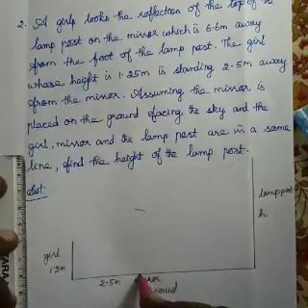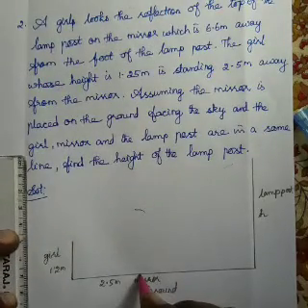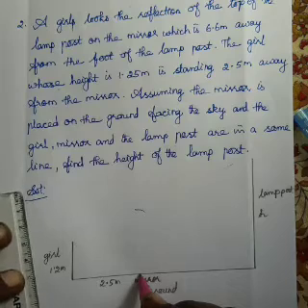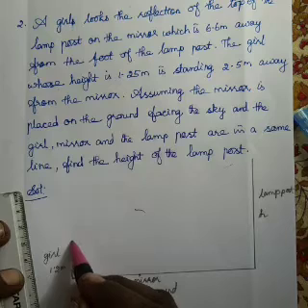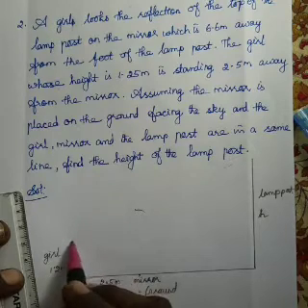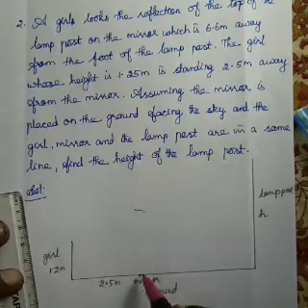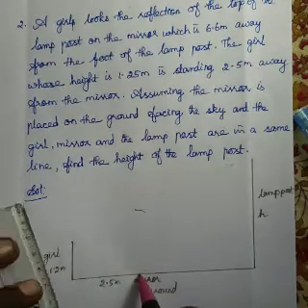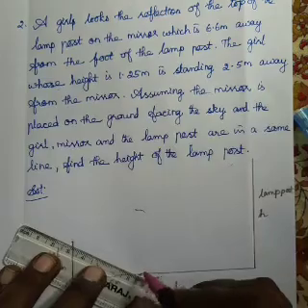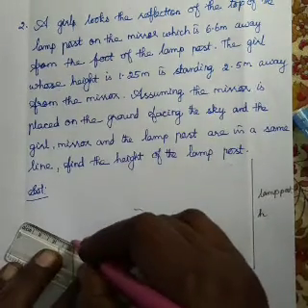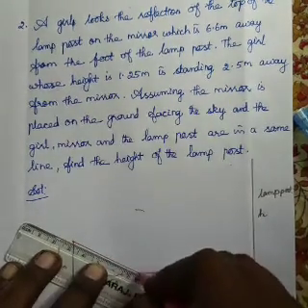Now let us read it again from the first. A girl looks at the reflection of the top of the lamp post on the mirror. This is the face of the girl. From the top of this line, she is looking at the mirror, so the angle of depression is coming like this.